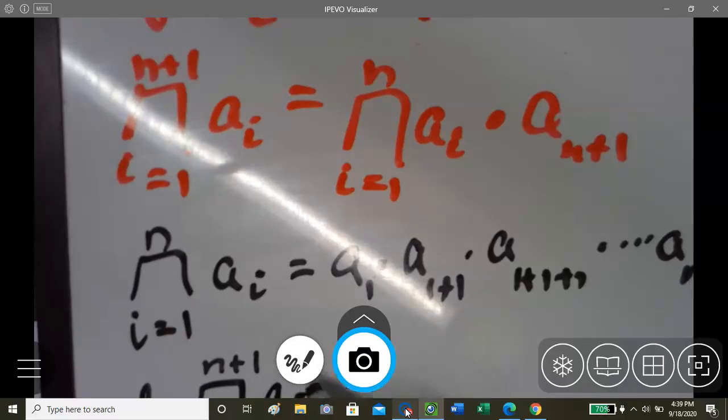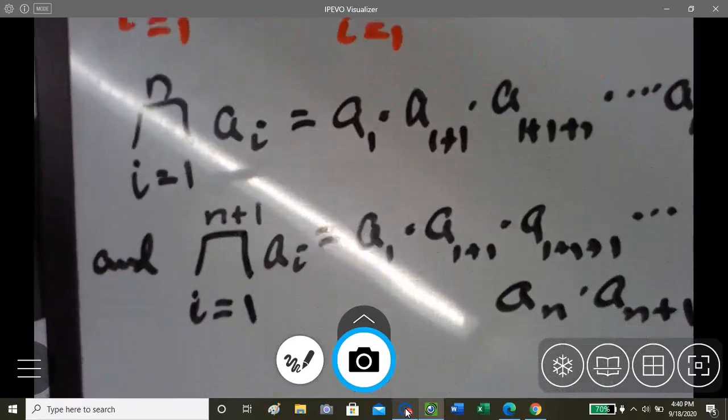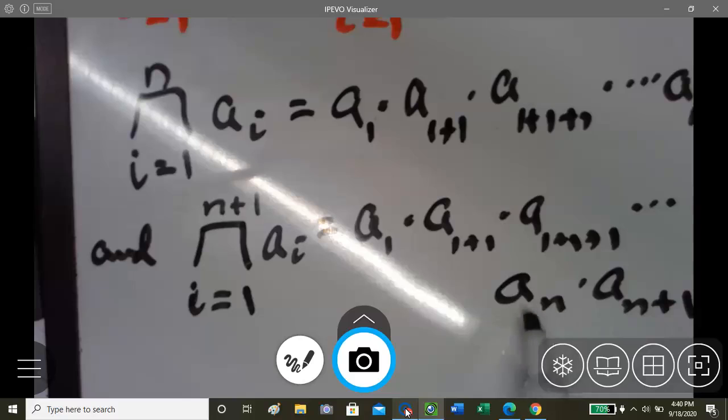Again that's going to be a sub 1 times a sub 1 plus 1, times a sub 1 plus 1 plus 1, up to a sub n times a sub n plus 1, because a sub n is the one before a sub n plus 1.